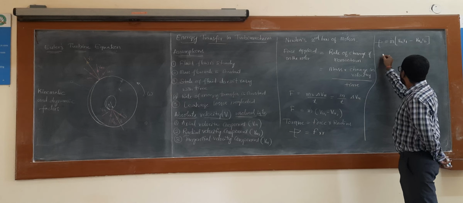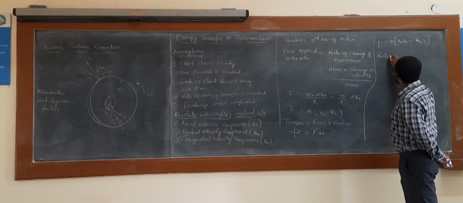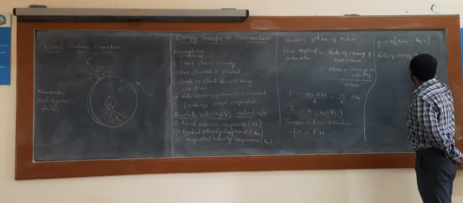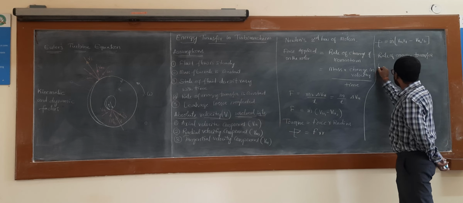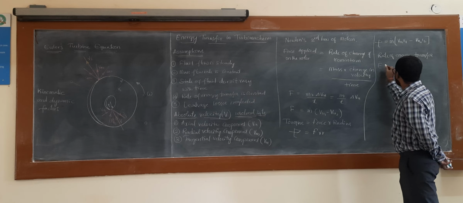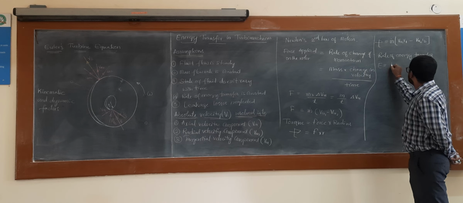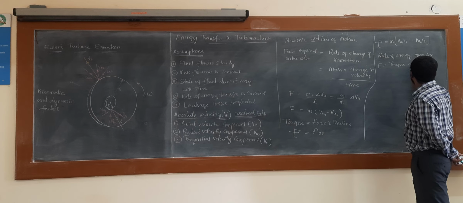Next we have the rate of energy transfer, represented by E dot. Energy transfer will be written as torque into angular velocity.